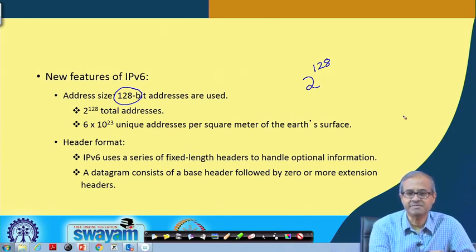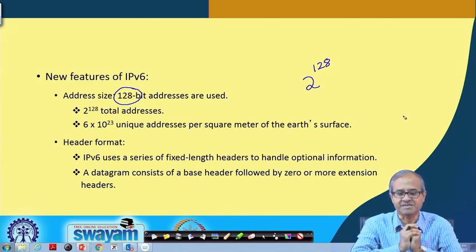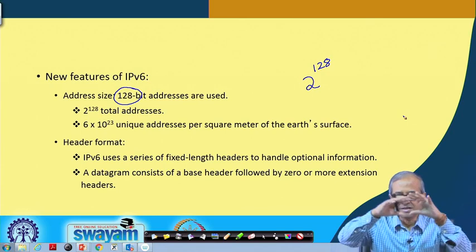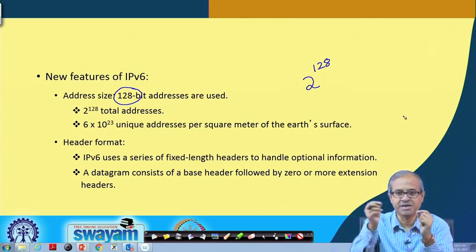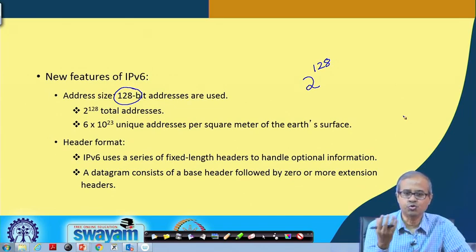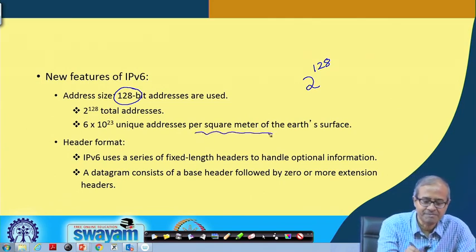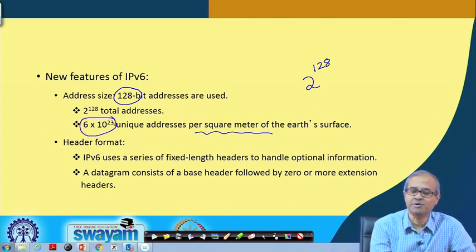Just imagine you think of the surface of the earth. Just assume that I want to assign IP addresses to devices on the surface of the earth. 2 to the power 128 is such a large number that on every square meter on the earth's surface, you can assign about 6 into 10 to the power 23 unique addresses.